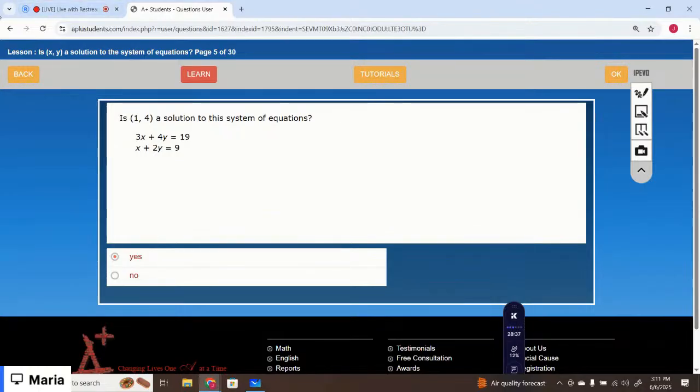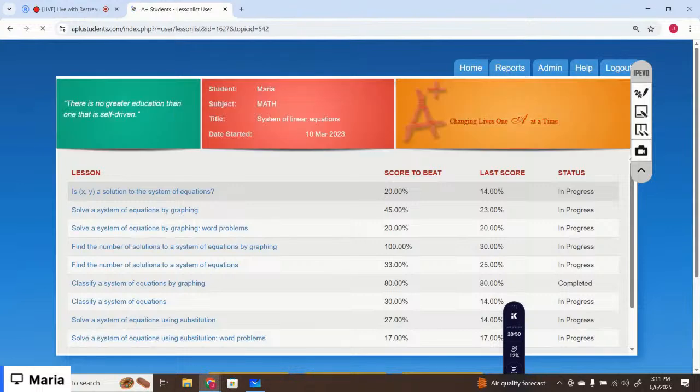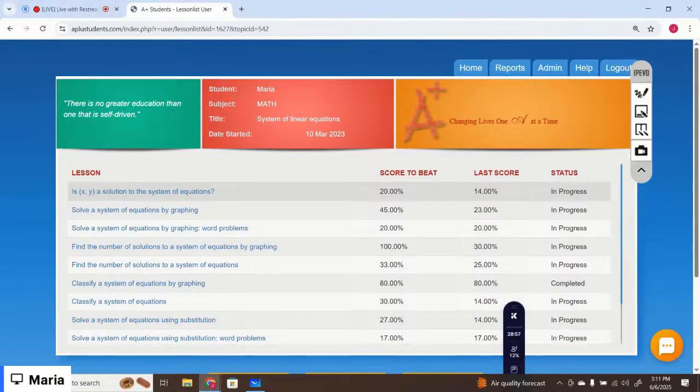Okay, you can complete the lesson on your own. Let's just move on to the next lesson: solve a system of equations by graphing.